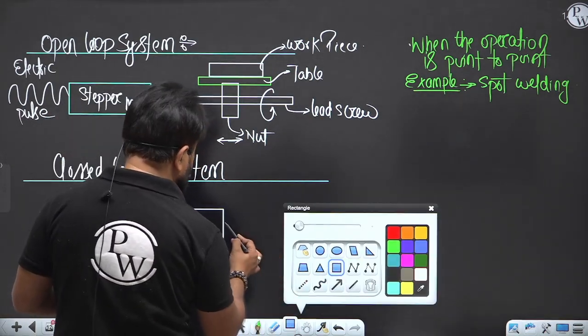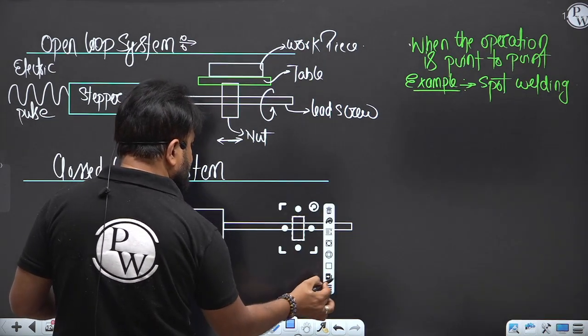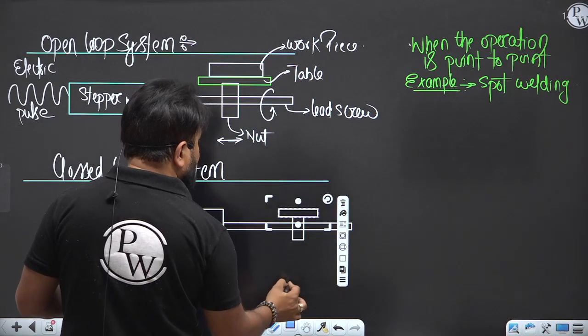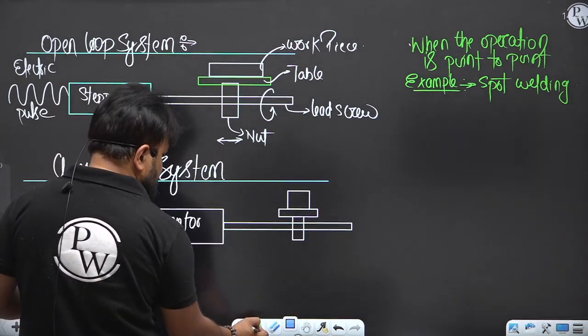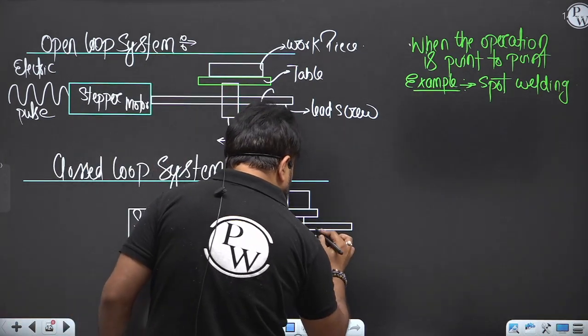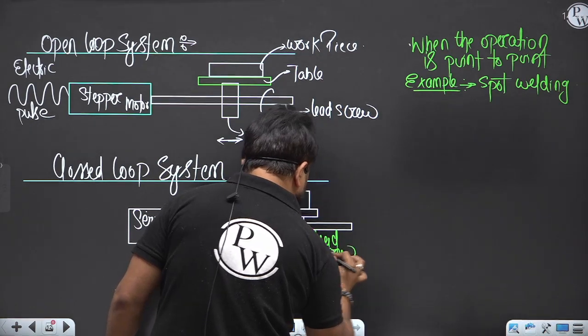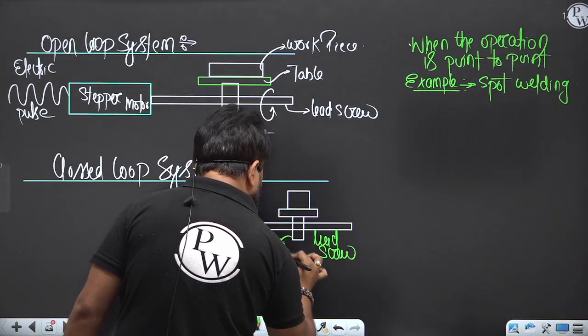Let me write down. This is a servo motor. This is a lead screw. This is a nut, and this is a work table. And this is a workpiece. Again, this is the lead screw and this is the nut.